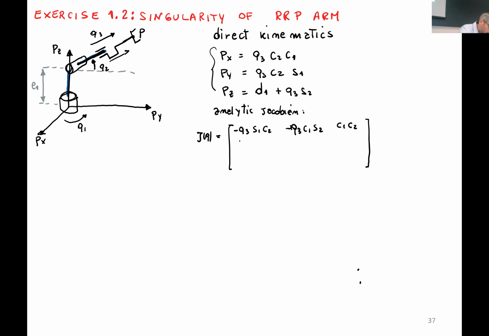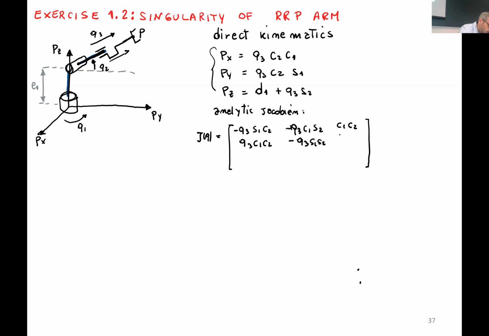Then py with respect to q1, we get q3 c1 c2. py with respect to q2, we get q3 s1 s2.